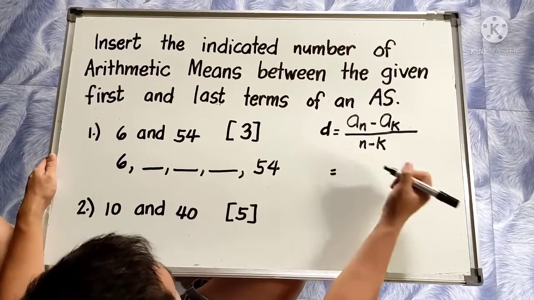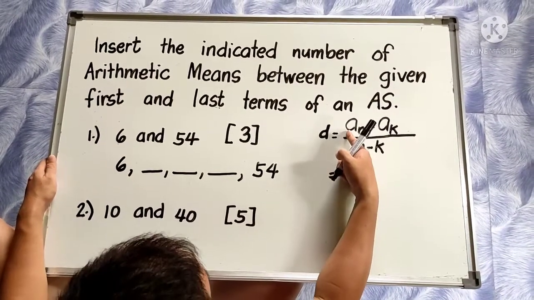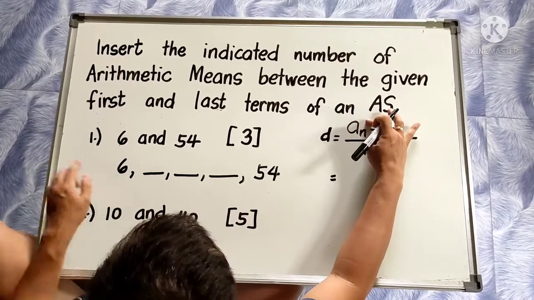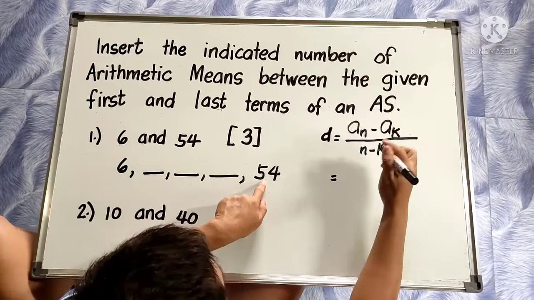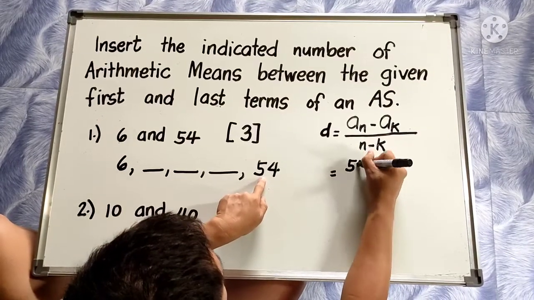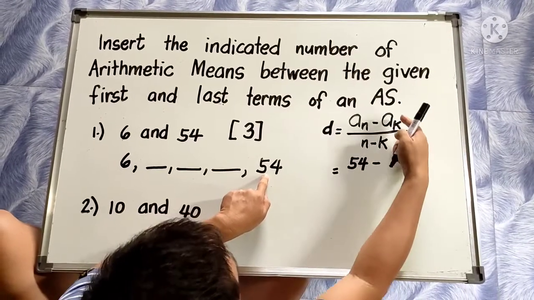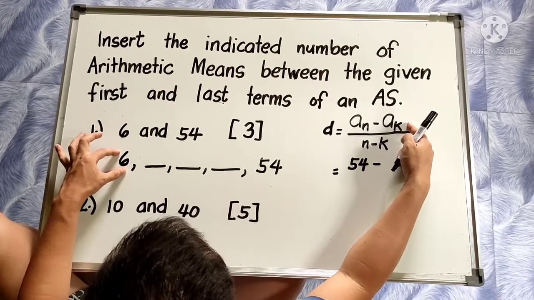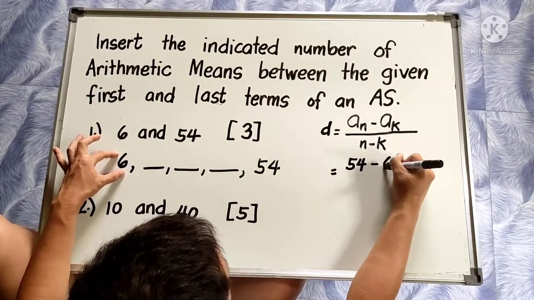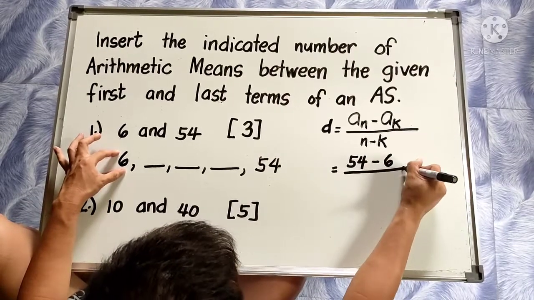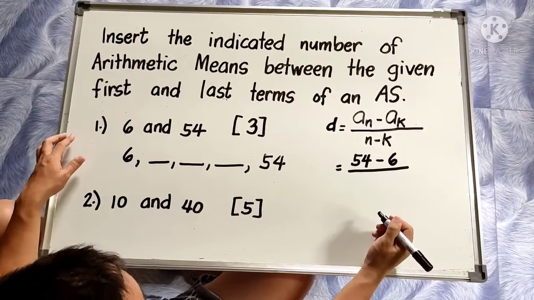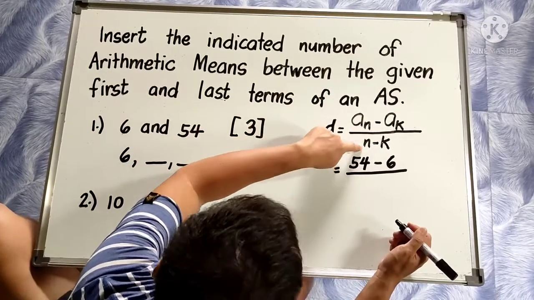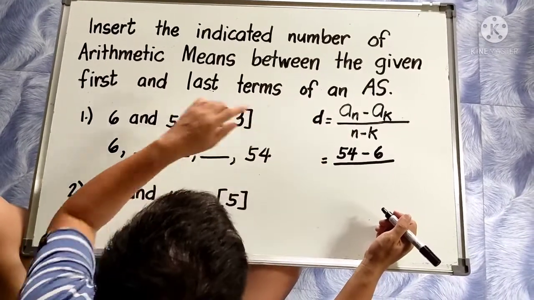Now the question is, what is A sub n? A sub n is the last term. So in this case, what is our last term? That is 54. Minus A sub k is our first term, and that is 6. Over, you will have n.